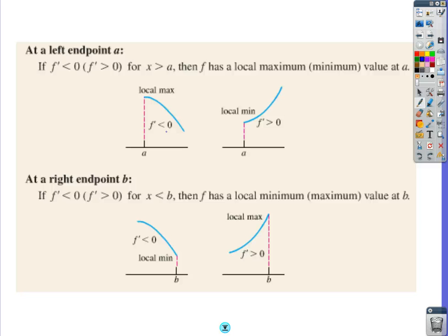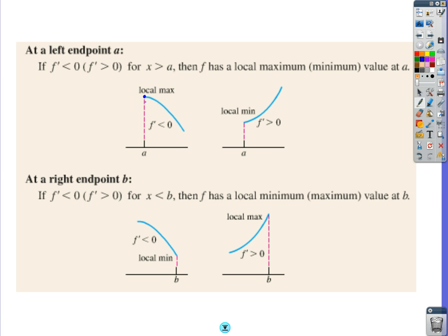Now the ones for the left endpoint and the right endpoint, you need to know, but they're kind of intuitive. If I'm stuck here at my endpoint A, and I go just a little bit to the right of it, and I am seeing that f prime is less than 0, that means my function is decreasing, then I have a local max for my function.